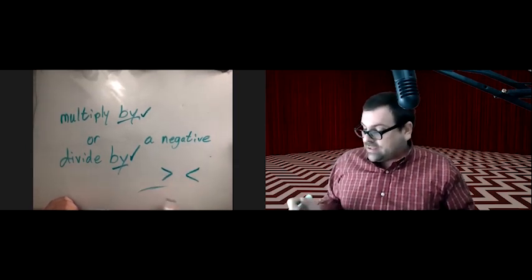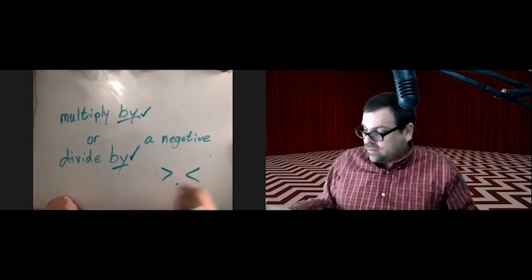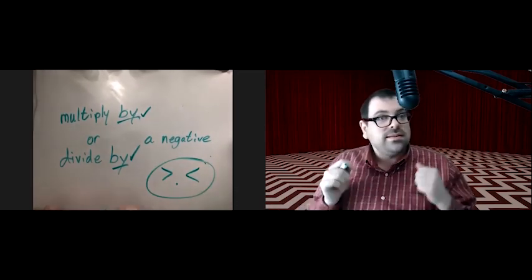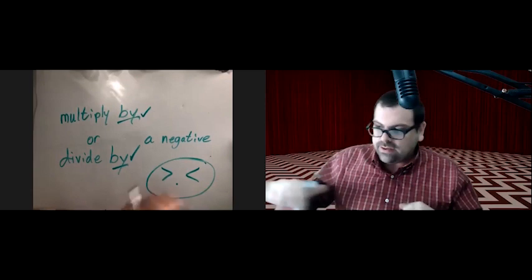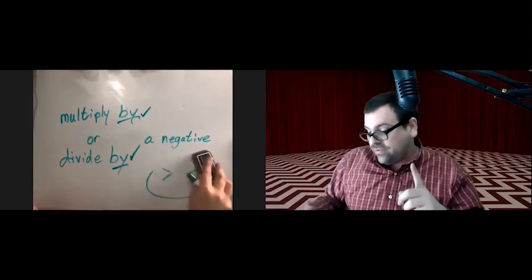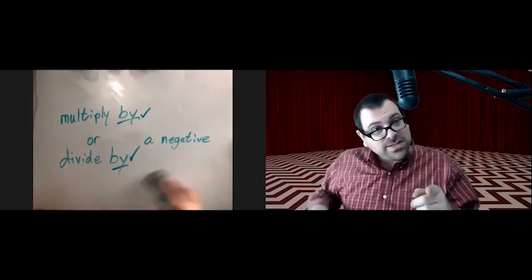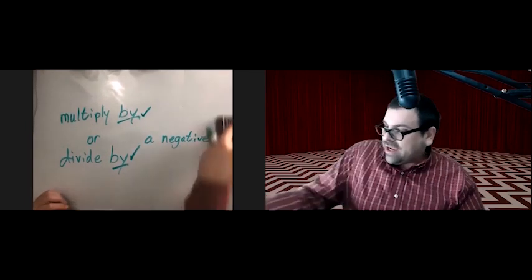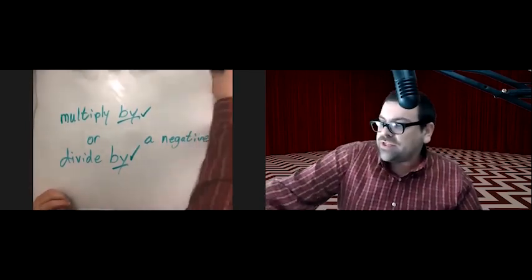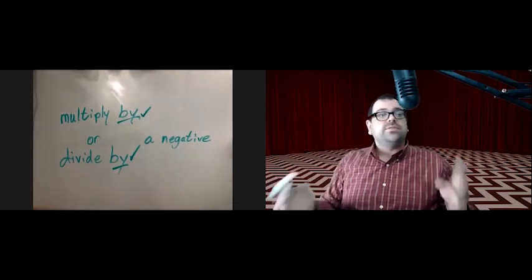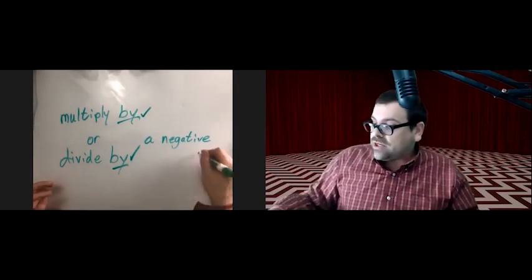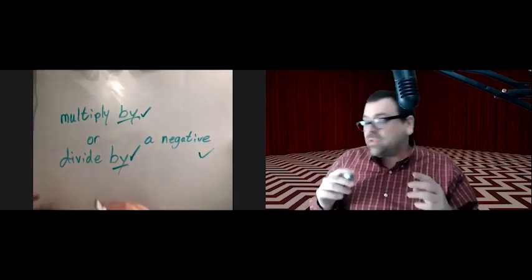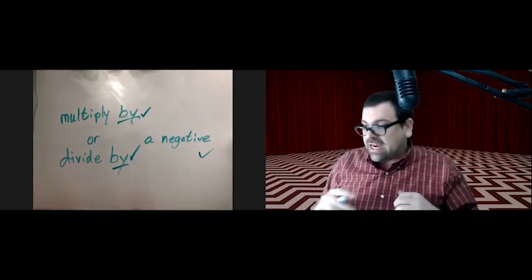It is laughably easy if you can already solve equations. So if at this point you're not having any struggles with solving equations, if you are consistently getting the right answers, then all you're going to have to watch out for here is multiplying by a negative, dividing by a negative.